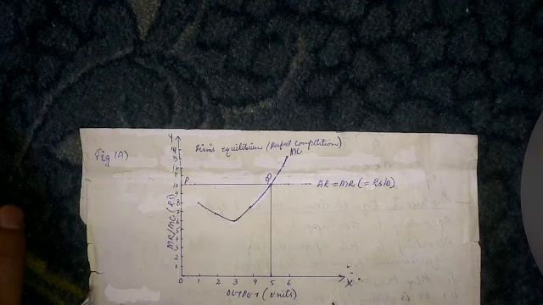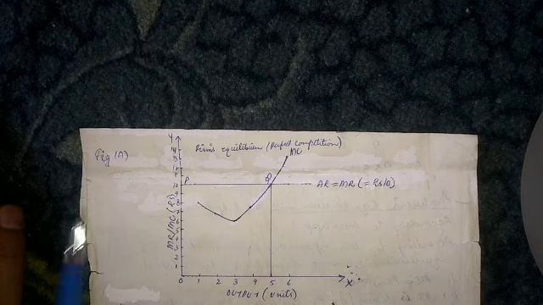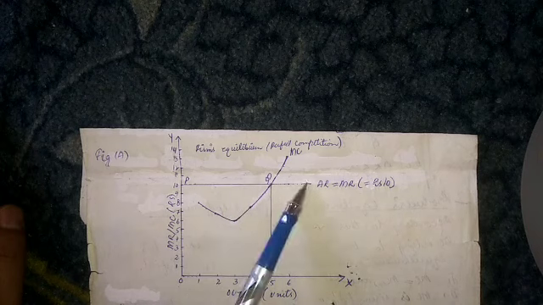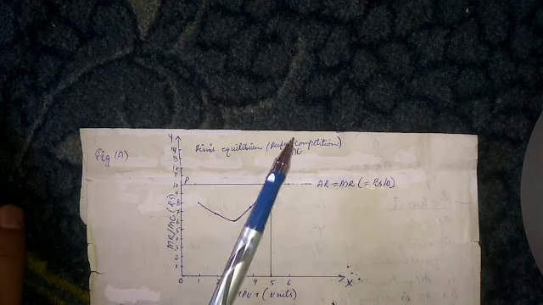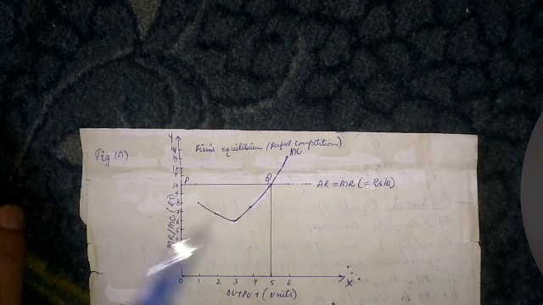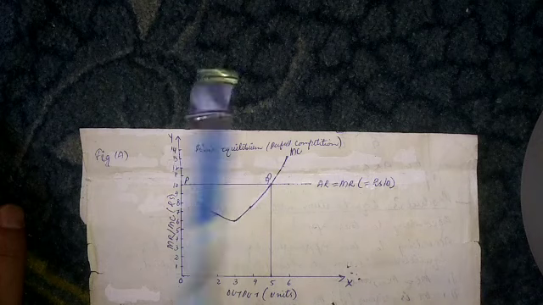Number one, marginal revenue is equal to marginal cost, here that will be 10, and second, marginal cost is rising.